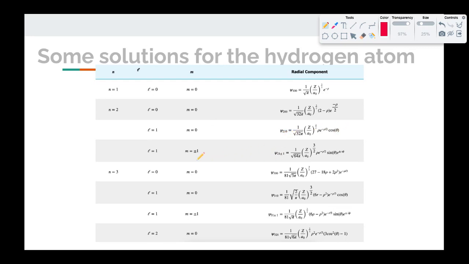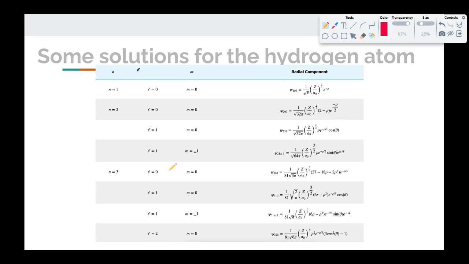And then we have 2 solutions for if m sub L is negative 1 or positive 1. So here are 2 solutions built into one. The only difference is e is raised to either the plus or the minus of those symbols. Don't worry about what that means at this point. We'll come back and try to get a little bit of meaning for that later.